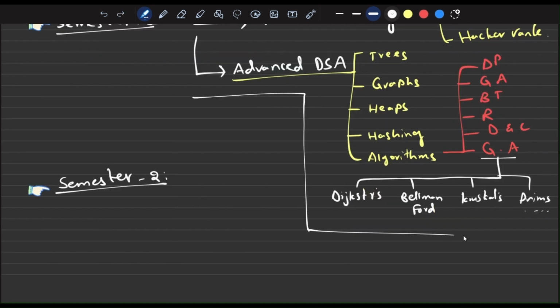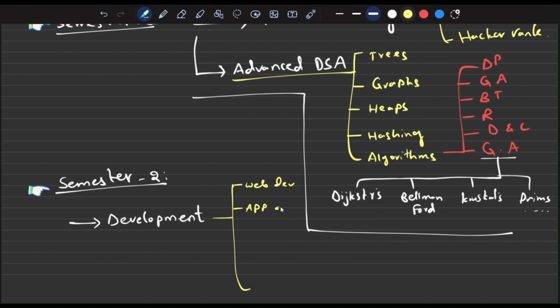In your second semester, jump into development. Choose one area that excites you more. It could be web development, app development, artificial intelligence, machine learning, data science, or cybersecurity.